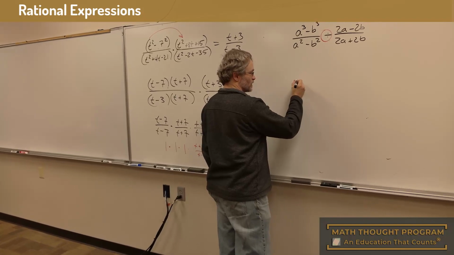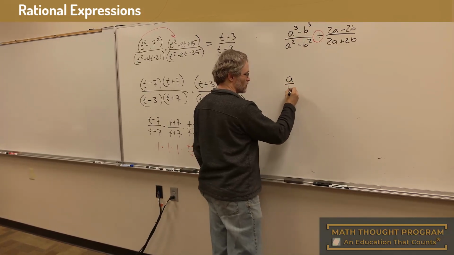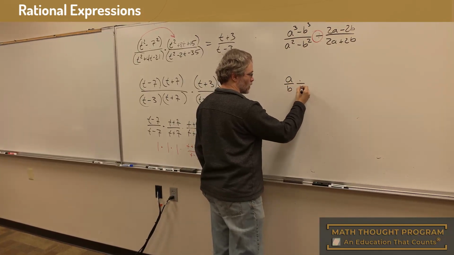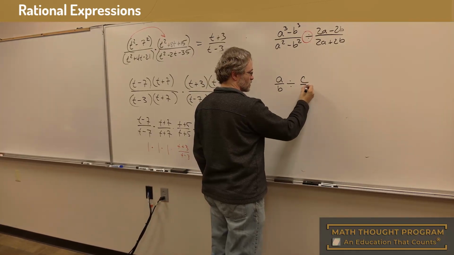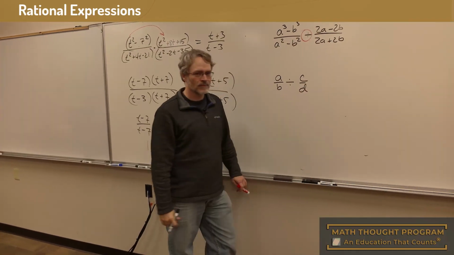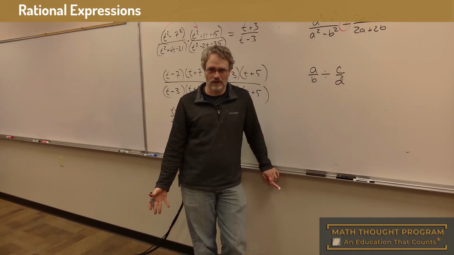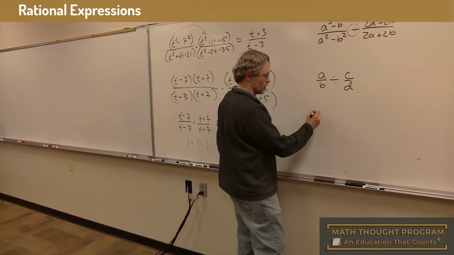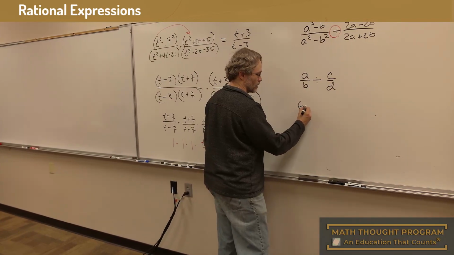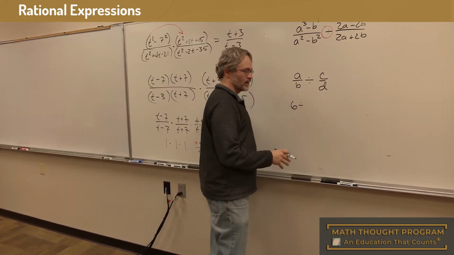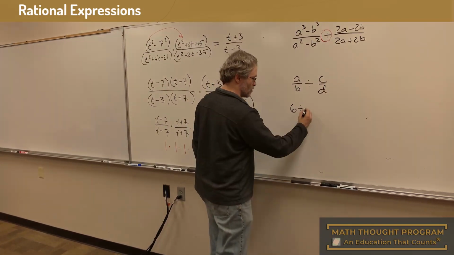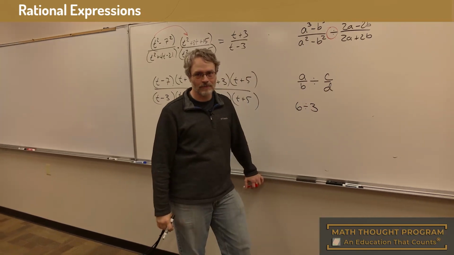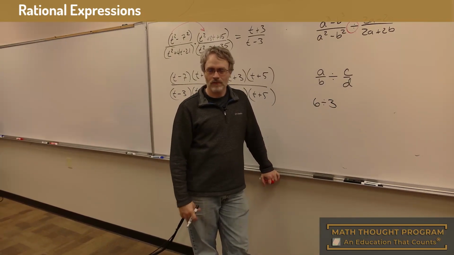How do I take something that says a over b when divided by c over d? How does that really work? Well, let's go back and look at an easier problem. Let's see if I have 6 divided by 3. What does that mean?